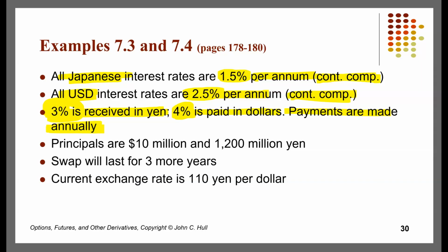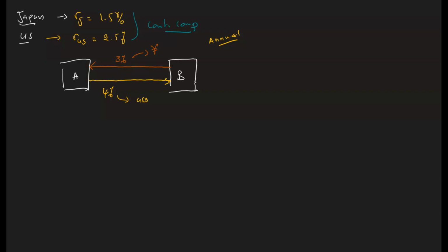And we are also told that the principal amounts are for 10 million US dollars and 1,200 million Japanese yen. The life of the contract is for 3 years, and the current exchange rate is at 110 yen per dollar. So 10 versus 120. We're gonna do the following.